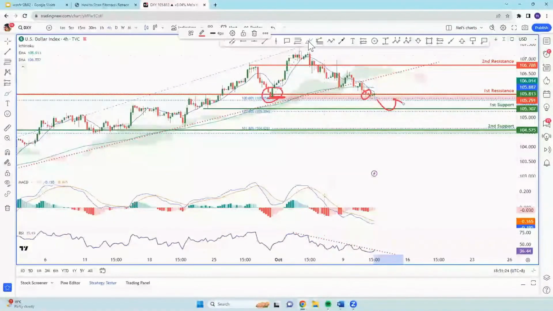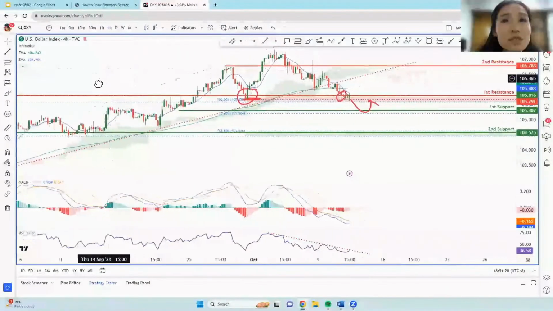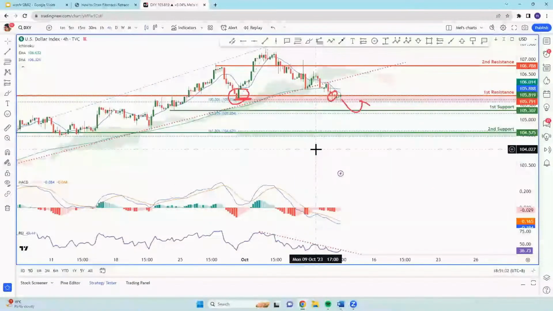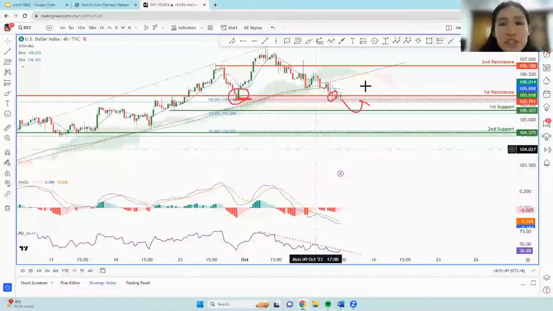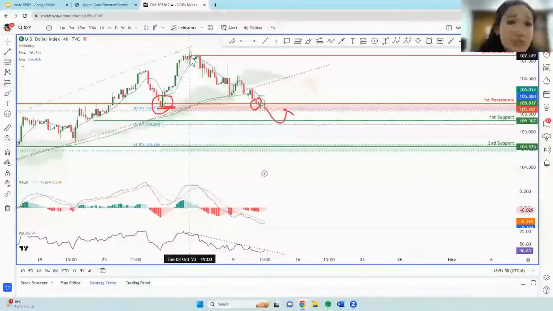Okay, the reason you called it first resistance is because it's the nearest, the last bottom, right? Yes. A resistance, you're right, should be at the peak.